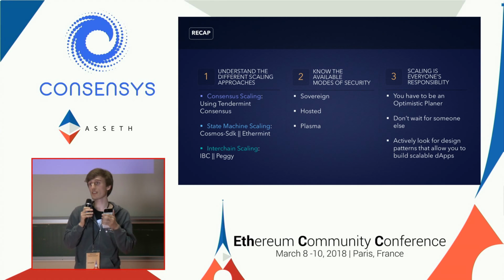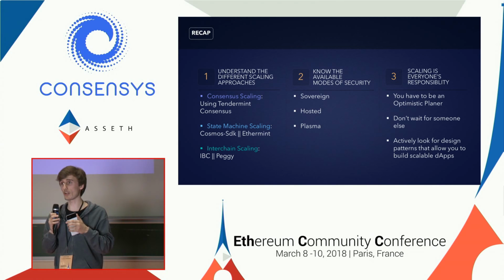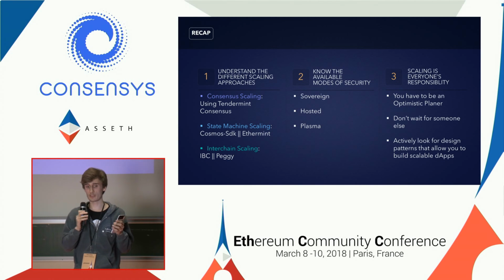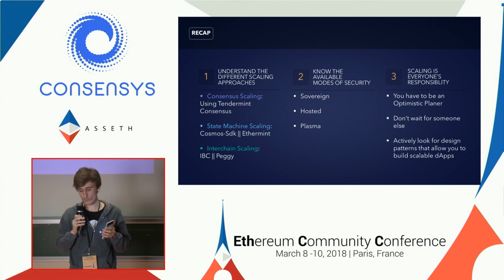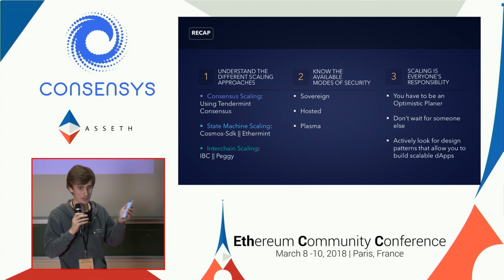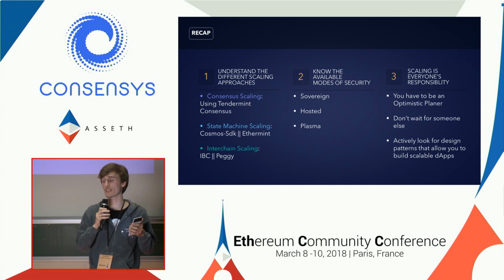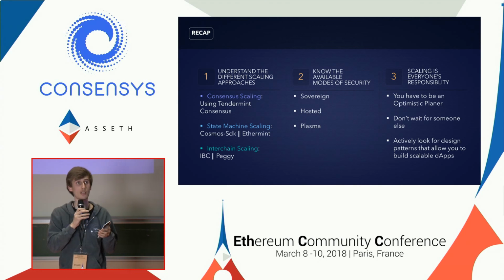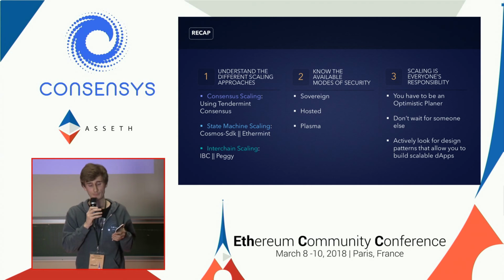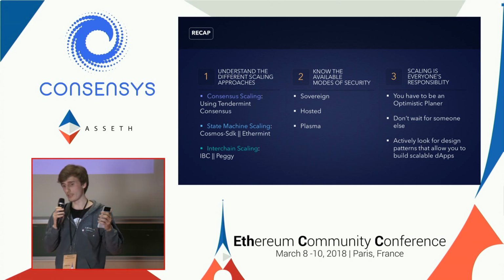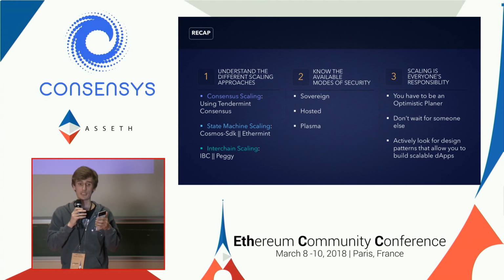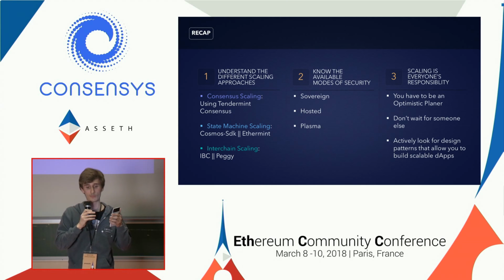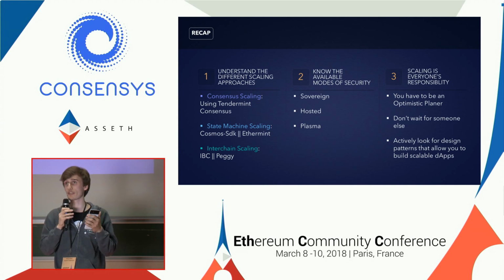We can either scale consensus, and that already gives you a massive improvement. One of the nice things is it's out there right now. There's an implementation of Tendermint consensus within Tendermint Core and within the Parity client. So if you're thinking about building a major application, you should really think about building it directly on top of a very scalable and very safe consensus algorithm.